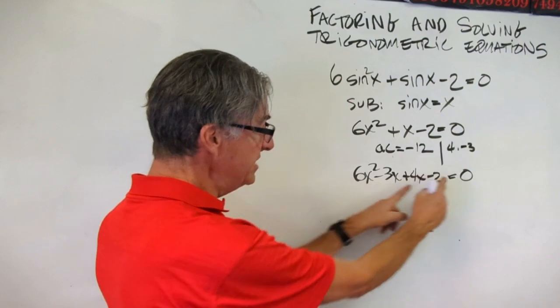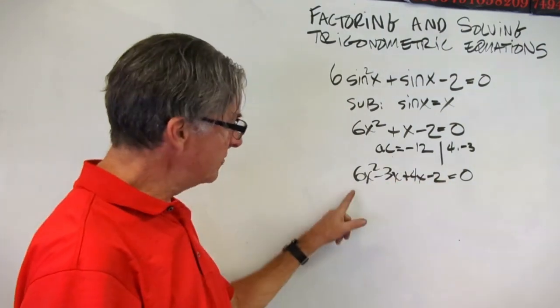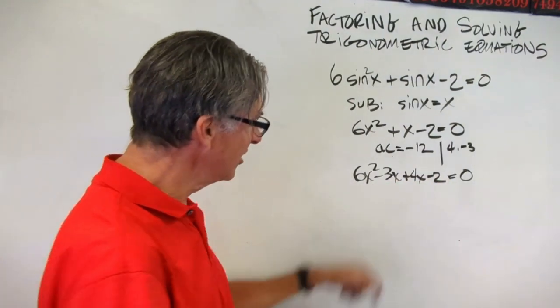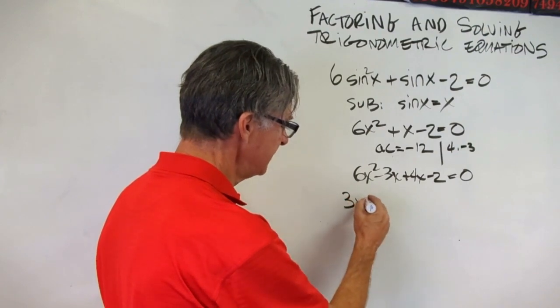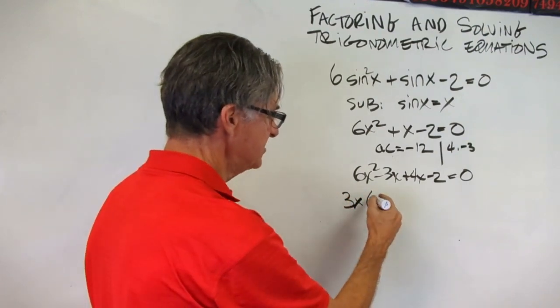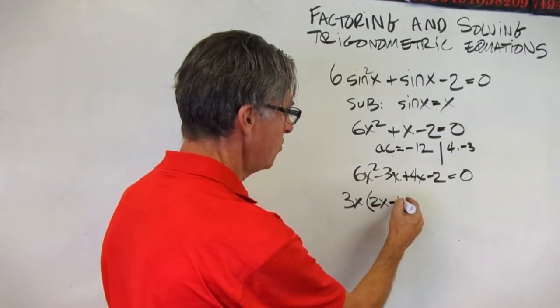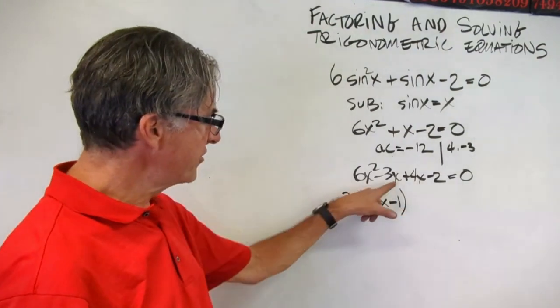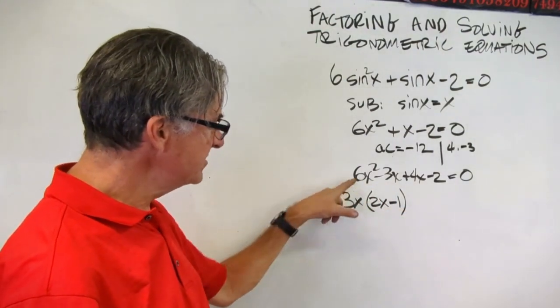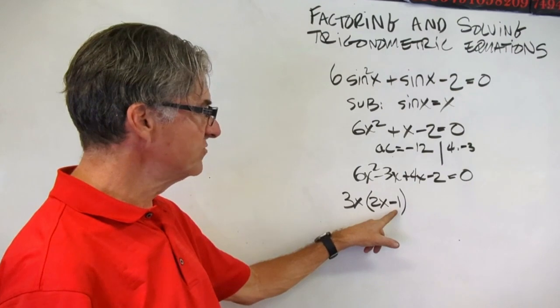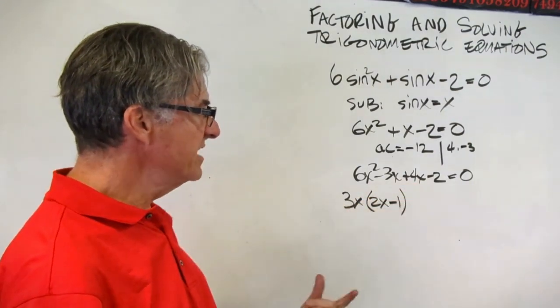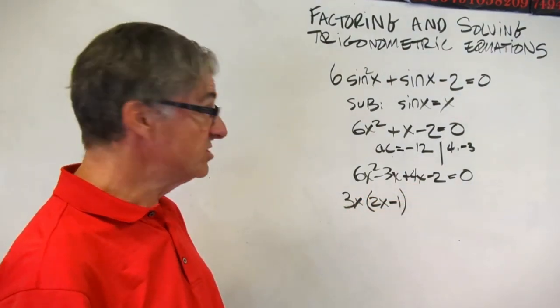Now I factor each pair separately. My greatest common factor in here is going to be 3x. What's left is 2x minus 1. So when I factor the 3x out of these two, I get 3x times 2x minus 1. Now this one, my biggest factor is going to be a 2.